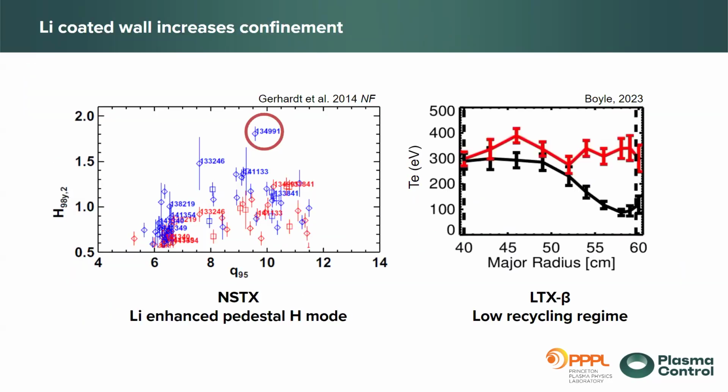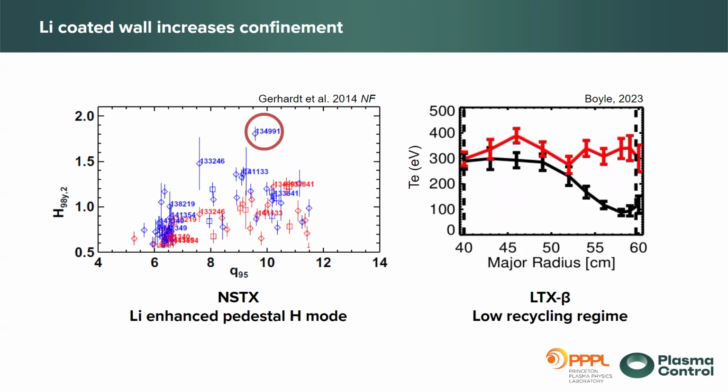This is motivated by liquid lithium being very special and beneficial for plasma confinement. In past research done here at PPPL, for example on the left, you see the energy confinement time, where one of the best cases was the lithium-enhanced pedestal H-mode, marked by the red circle, on NSTX.